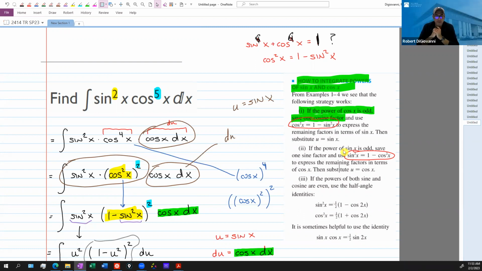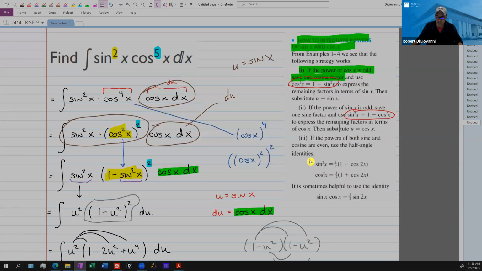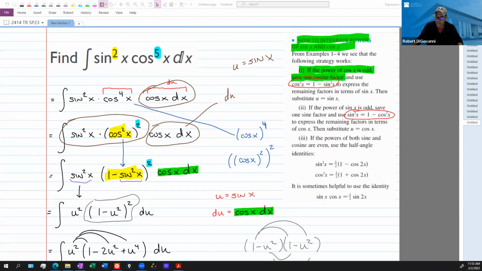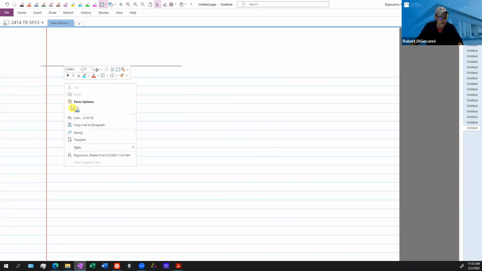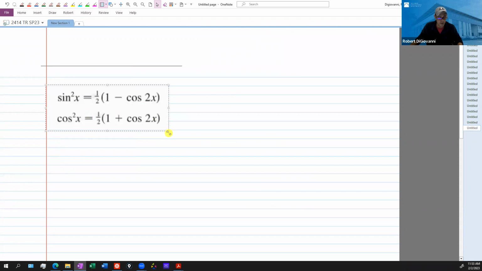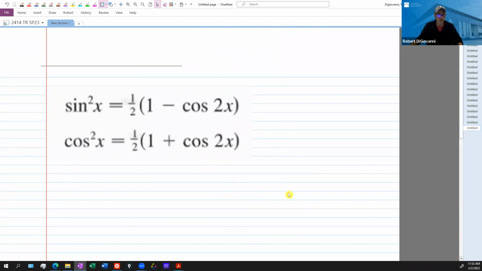Before I do the next example, I want to point out two formulas from pre-cal. These are called the half angle or the power reducing formulas.